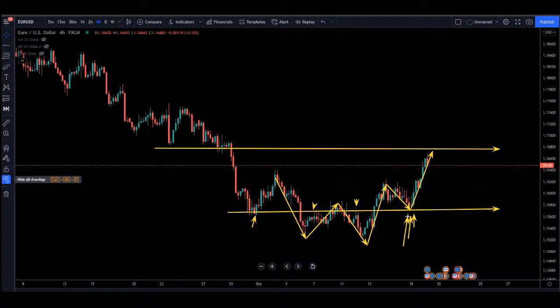So this opportunity down here was very clear for the ones who were awake at the time. That was the opportunity to join those buyers. So what would I have done if I had been at the charts at the moment? Personally, I wouldn't have opened that position, not because it wasn't there, but because I'm looking for other confluence factors.